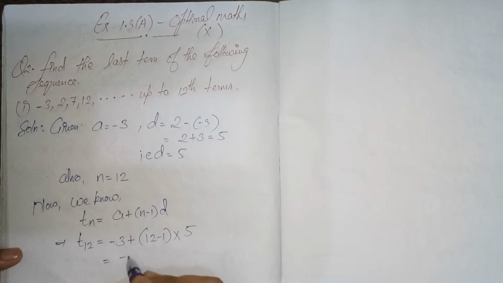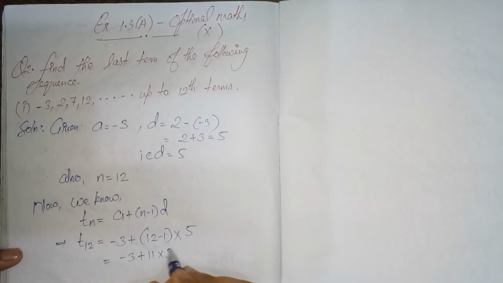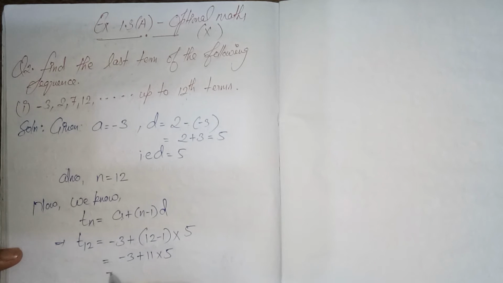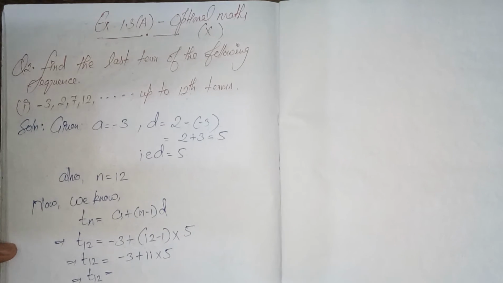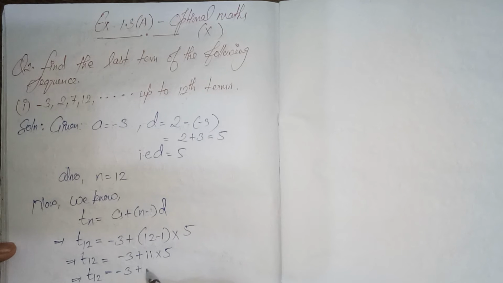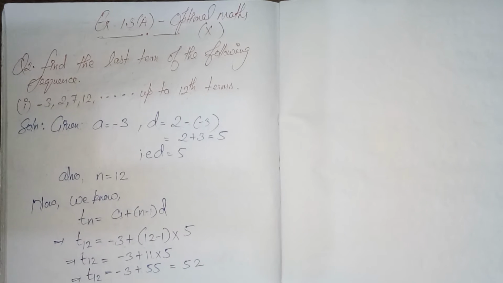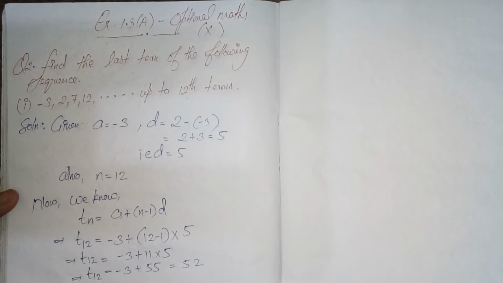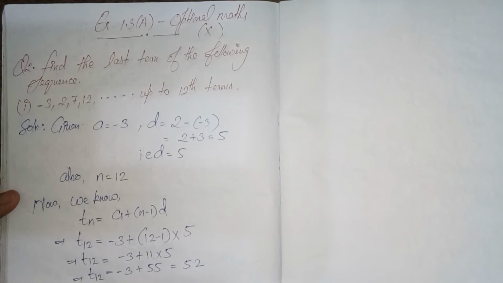Now 12 minus 1 is 11, multiplied by 5. This you can note down. So T12 is simply -3 plus 11 times 5, which is 55. Now 55 minus 3 is equal to 52. So T12 is 52.